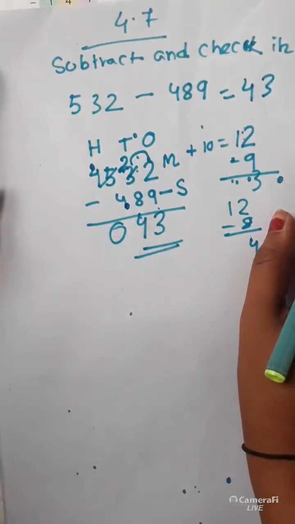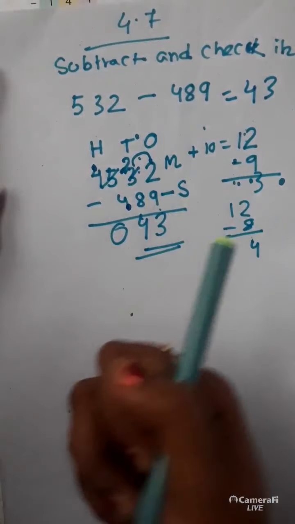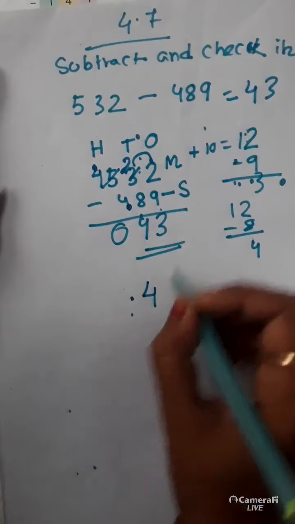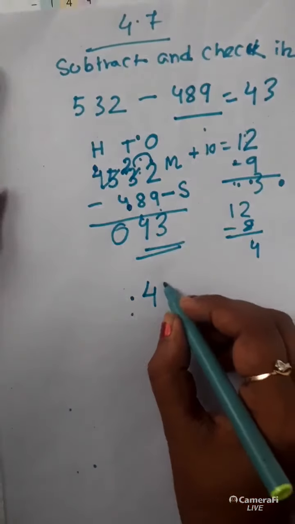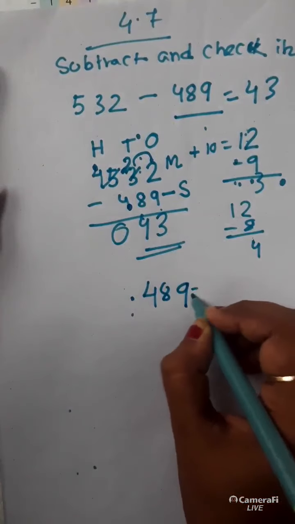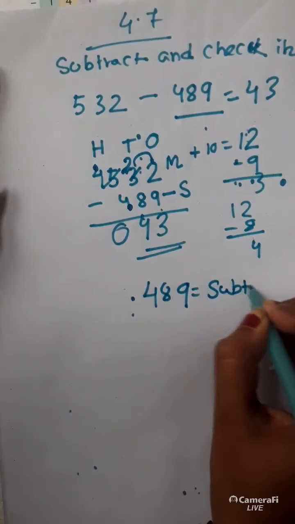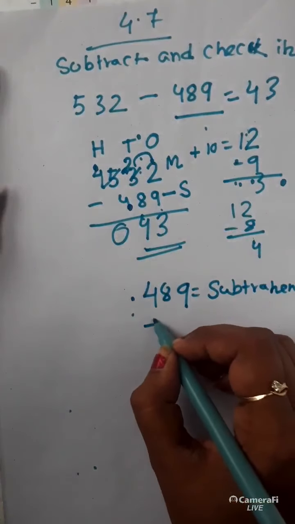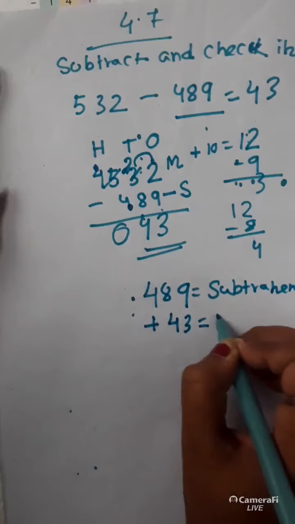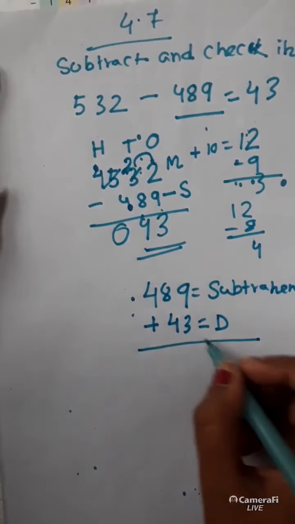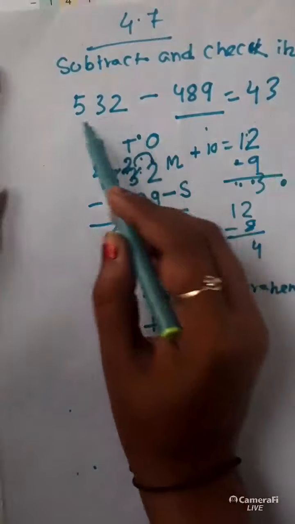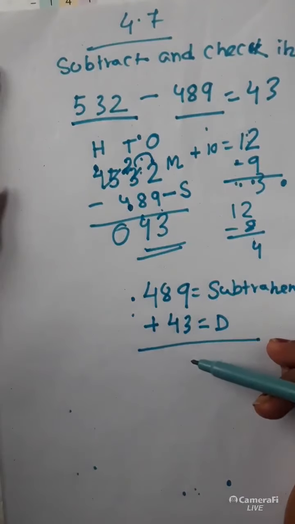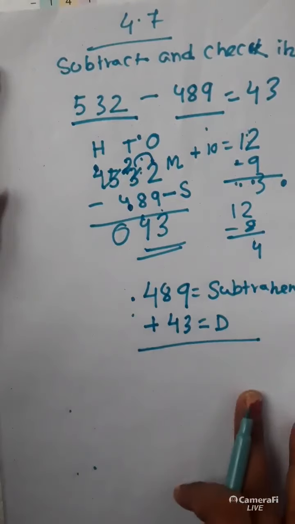Now I have to check whether this subtraction is correct or not. What I will do? Simply we will take the subtrahend part, means 489, and I will take the difference, means 43, and I will add it. Now if this addition gives 532, then only I will think that yes, my subtraction is correct.